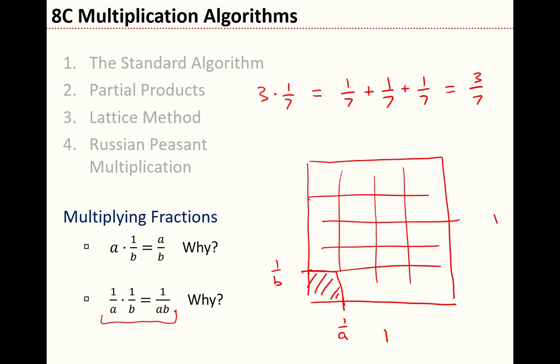Then I will have ab squares all together, and the area of one of those will be 1 over ab. We had seen this previously in a problem where we multiplied 1/2 and 1/3 together, and we got 1/6.